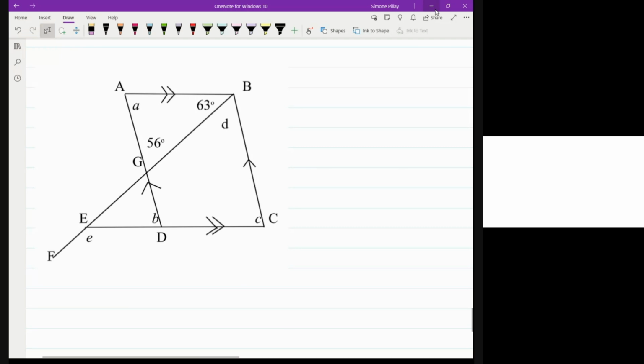Okay, Brie, which one are we doing? The A. So we're gonna say 56. Oh wait, can I start with the variable instead? Which is A plus 56 plus 63, which equals 180. My reason: sum of angles in a triangle. Beautiful. And then we're gonna say A plus 119 equals 180.